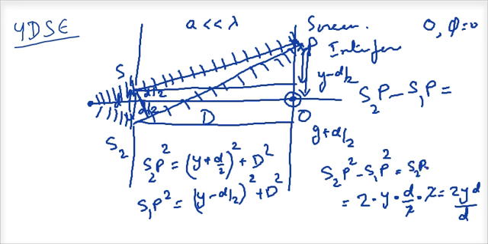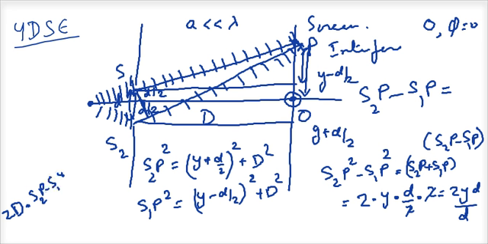It is equal to S2P plus S1P into S2P minus S1P. I am writing this as (a plus b) into (a minus b). So when I write it this way, S2P plus S1P I can say is approximately equal to 2D. So 2D into S2P minus S1P, this is the path difference.